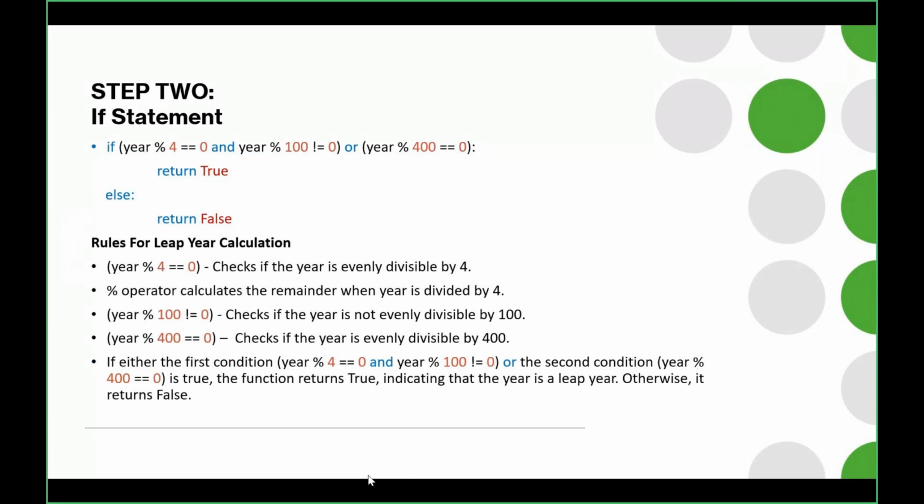Then step two, we introduce the if statement. If year is divisible by 4, or year % 4 == 0, and year % 100 is not equal to 0, or year is divisible by 400, year % 400 == 0.